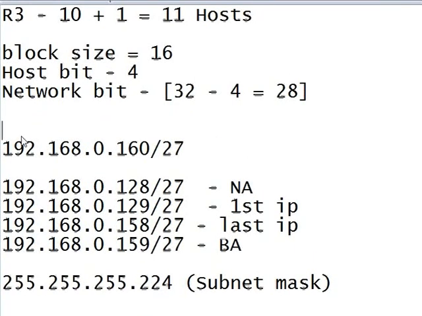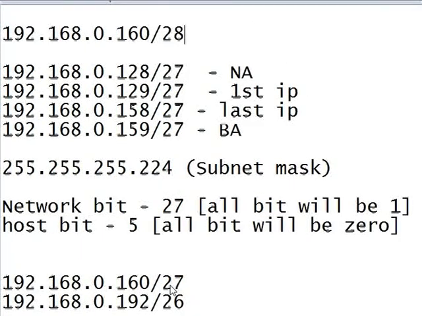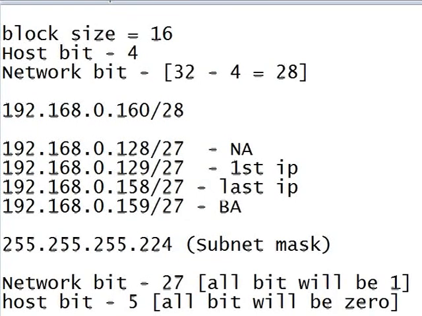So here in this case we can calculate, this is /28. Since /28, the next one will be 176/28. So again I am further subdividing, I am further subnetting. So 176 is the next one.